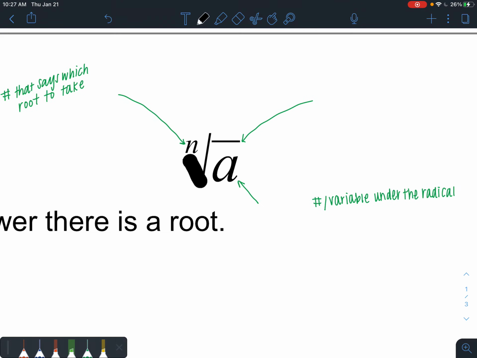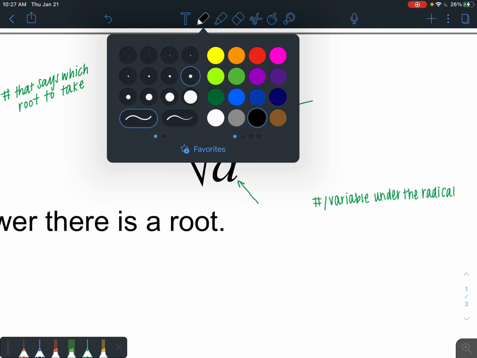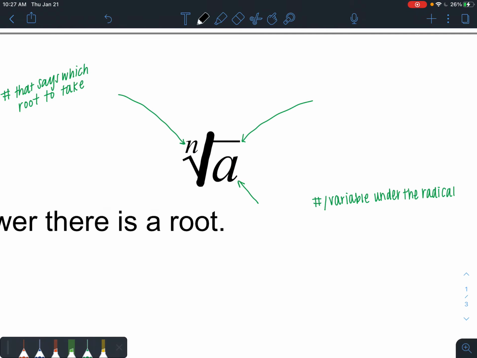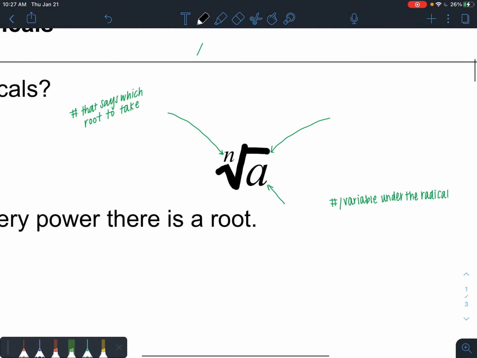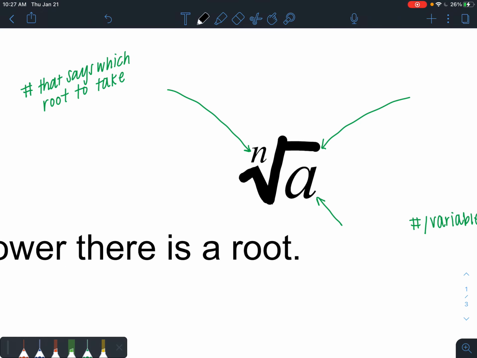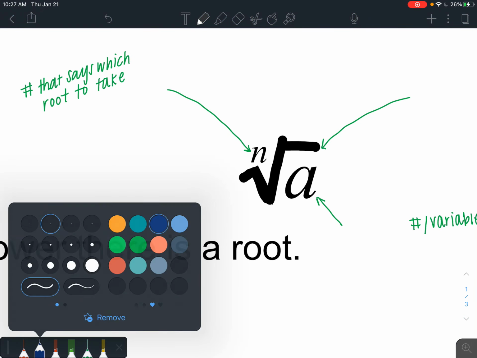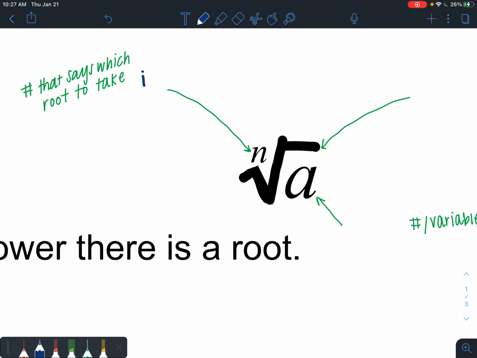So our square root's a little bit, ooh, yikes, that's a thick pen. There's our square root, like that. Okay, so this number on the outside, that n, that is our index.